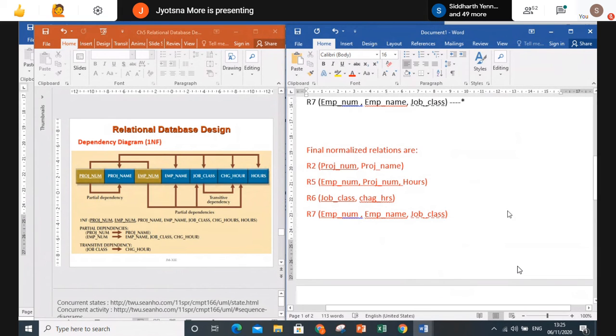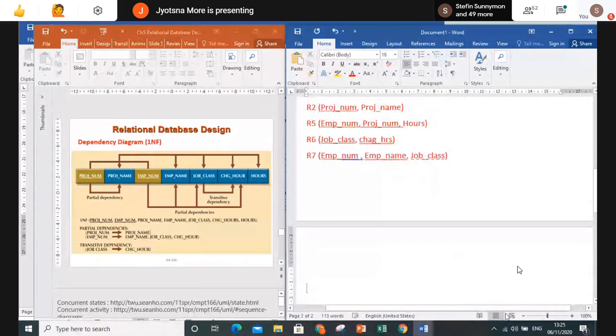Okay. Now, once your final answer is done, you have to show your dependency diagram. Okay, so dependency diagram is your homework part. I will tell you how to draw that dependency diagram. First you will take somewhere in center.